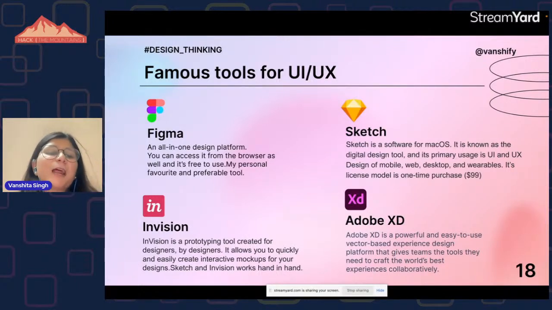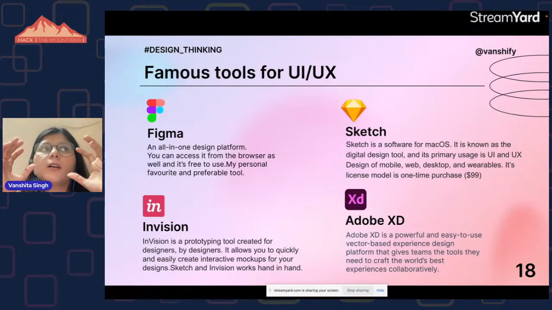The all-in-one design platform, you can access it from the browser, and it's free to use. Why is it all-in-one? Because you can do everything related to UI plus UX on Figma. Figma offers FigJam.